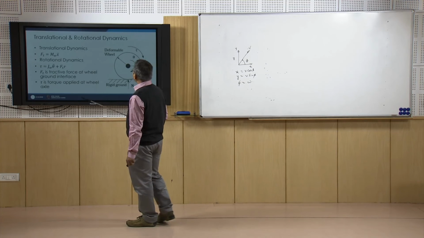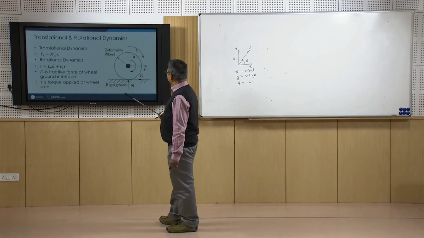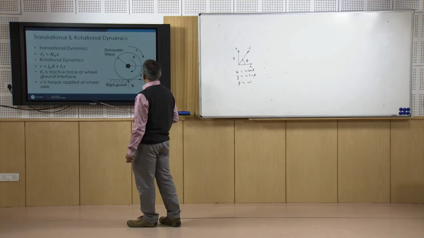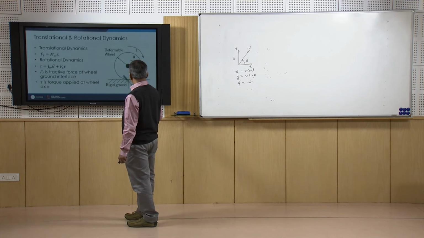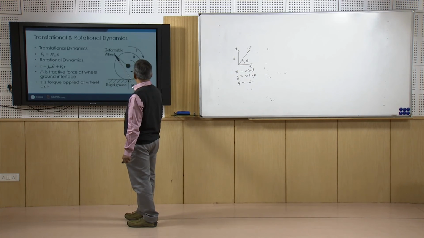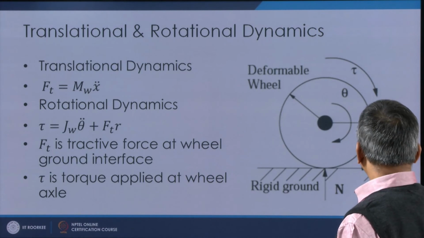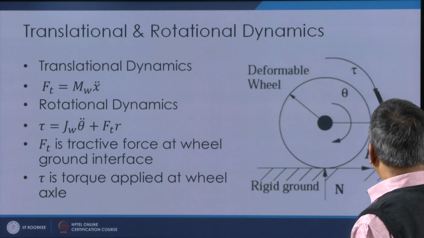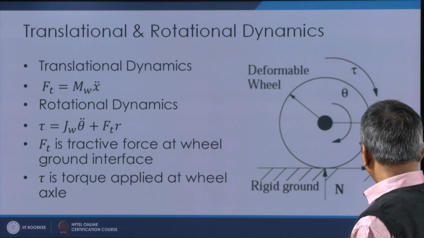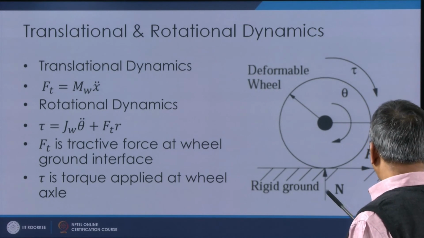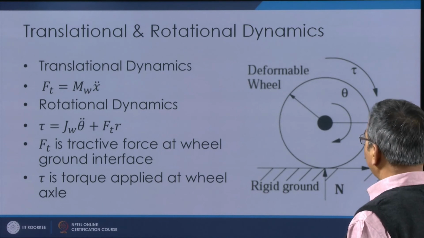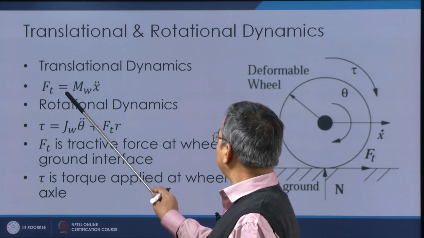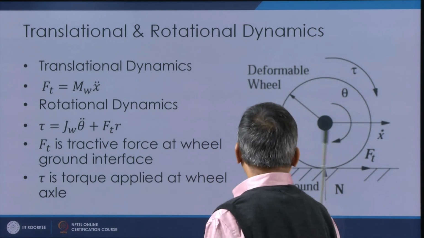Translational and rotational dynamics of a wheel: if I try to understand, you can see there is a deformable wheel, there is a rigid ground, this is the forward direction, with velocity x derivative, this is the rotation, a torque tau acting here, the normal reaction is N and the traction force is Ft. The translational dynamics consist of Ft equal to the mass of the wheel into acceleration.